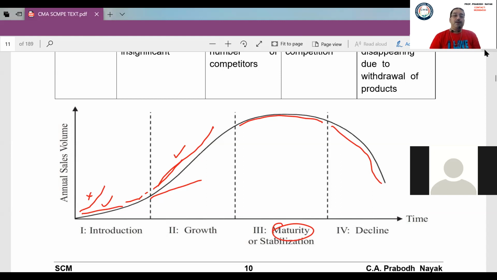Now, in the examination, they ask you sometimes very simple questions, and sometimes they ask you case study type of questions. Since it's a professional level exam, you can be asked one of the toughest questions also.